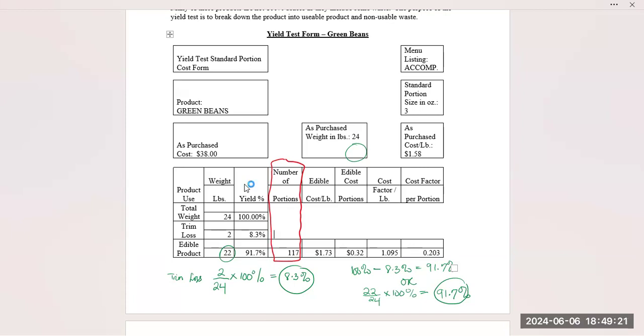I want you to think about that 117. It says the number of portions is 117. I want you to think about it and tell me if you agree or disagree.